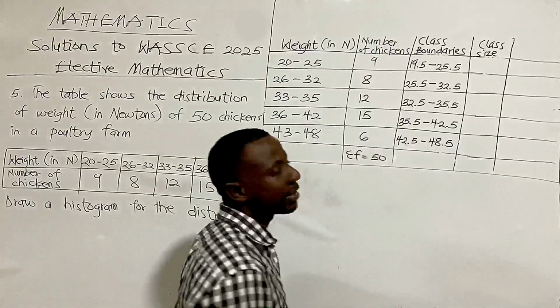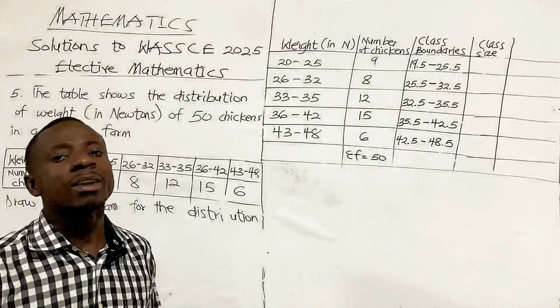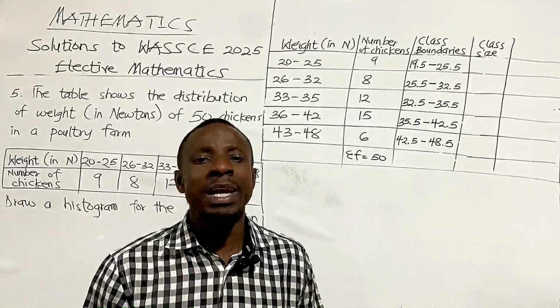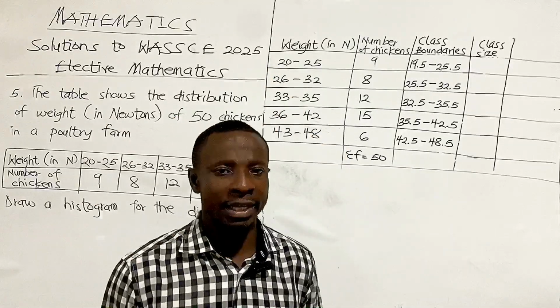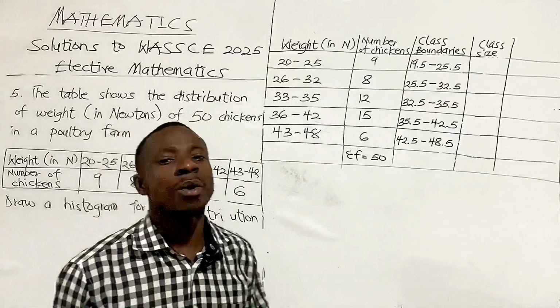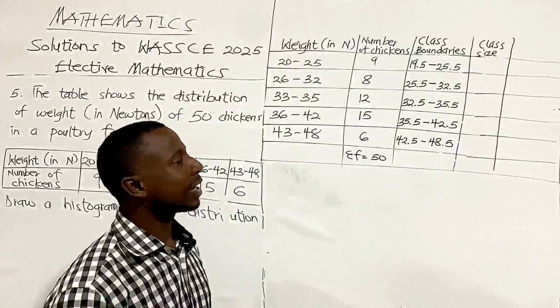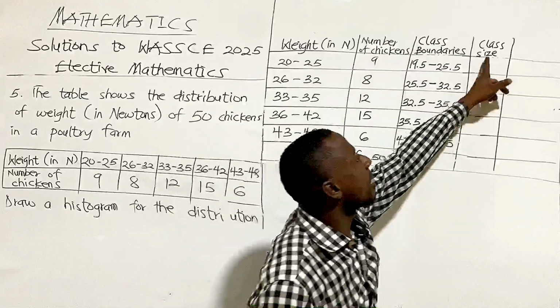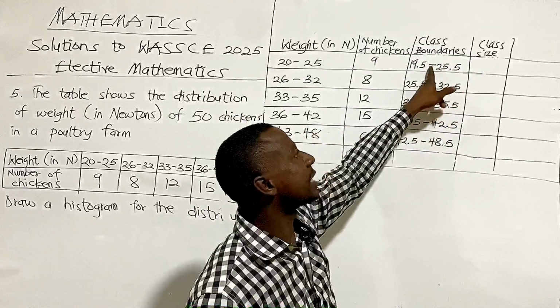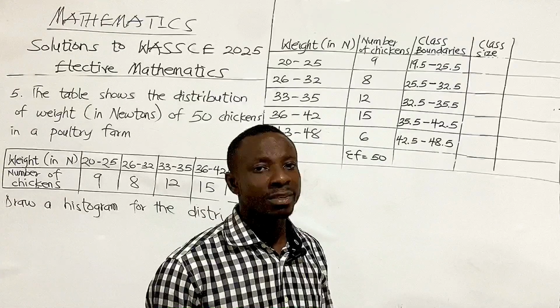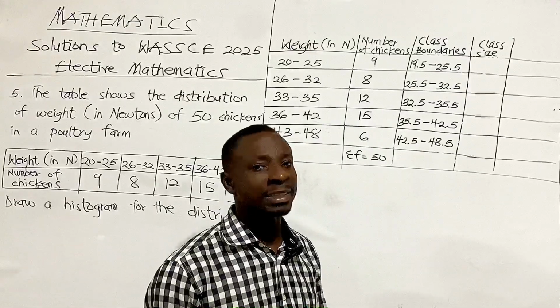The class size will help us to know how the bars will look, because in a histogram we are going to raise bars. From the name class size, we are going to use the class boundaries to get the class size.